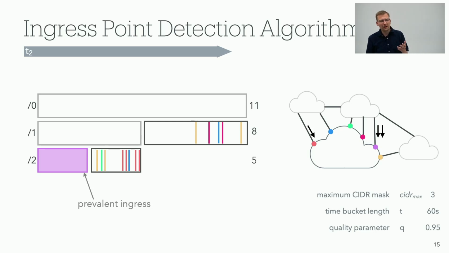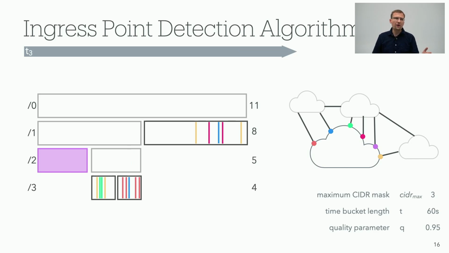Now, since everyone knows that there's a certain amount of wild traffic, strange traffic, attack traffic in the internet, we want the system to be robust against that. So we add a quality parameter Q, which we set to 95%. That means we classify a prevalent ingress even though up to 5% of the traffic enters via any other link.